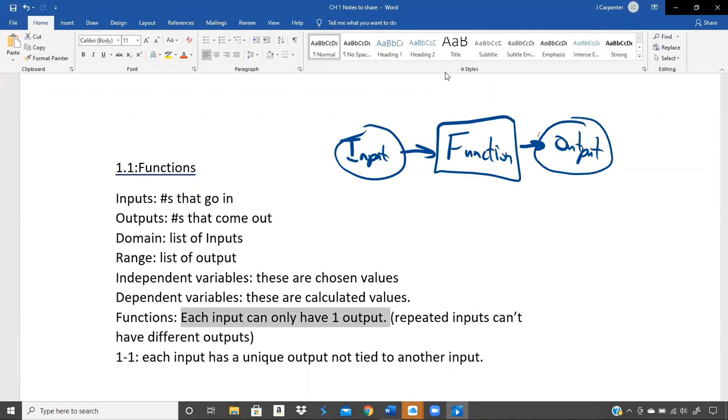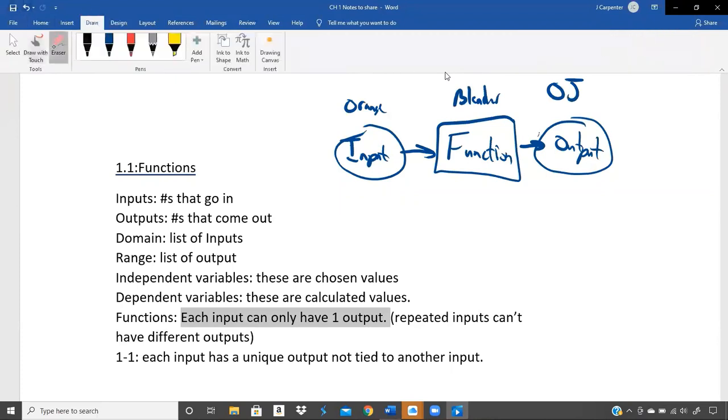Now, a function doesn't have to be mathematical in nature. It can be one of a trillion things. A function could be a blender. What do you do with a blender? You put an orange in. You put it into your blender. And what do you get out of it? You get orange juice. Or maybe you put an apple in.